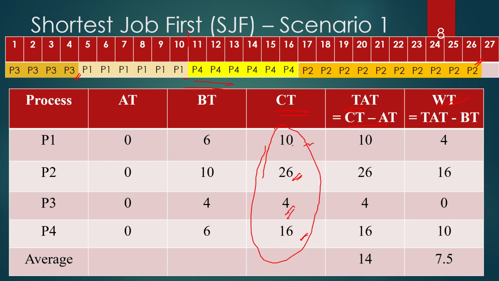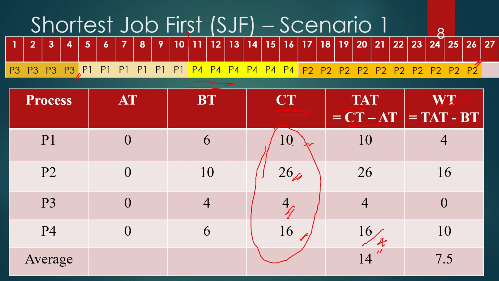Now I'm going to calculate the average turnaround time. I add everything and divide by 4, the total number of processes. So 10 plus 26 is 36, 36 plus 4 is 40, and plus 16 is 56. 56 divided by 4, the answer is 14.